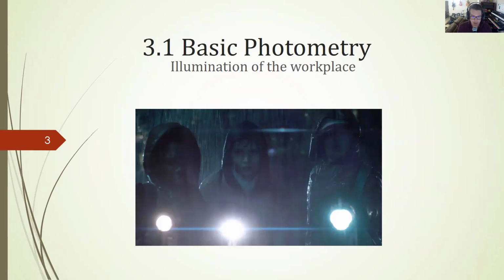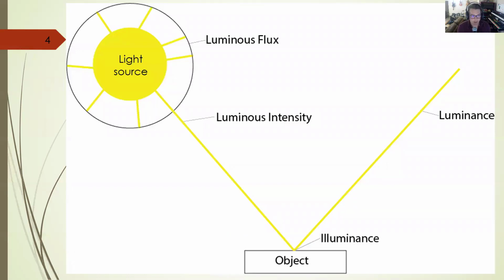And so here we go, illumination of the workplace. So here we are. Everything that's labeled here, I guess these 4 terms: luminous flux, luminous intensity, illuminance, and luminance. All of them have about 8 common letters. And so from a human factors standpoint, this is going to be a challenge to keep them straight.